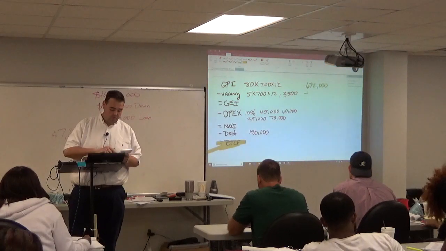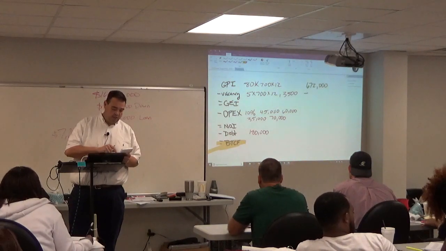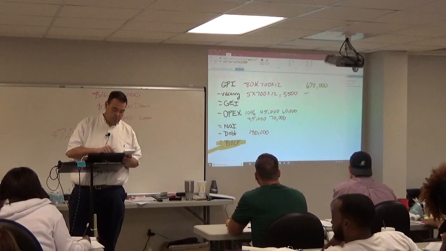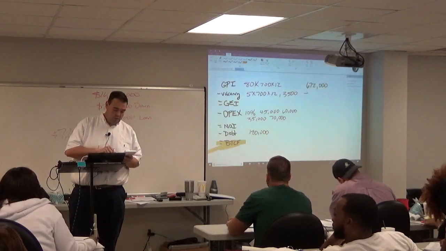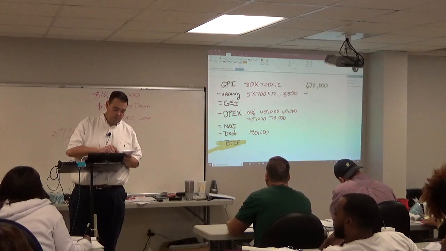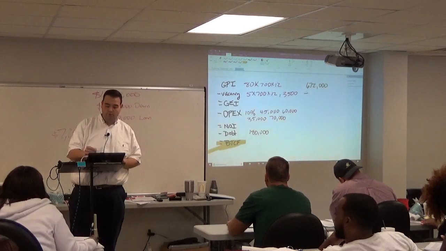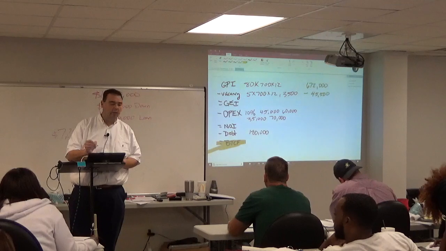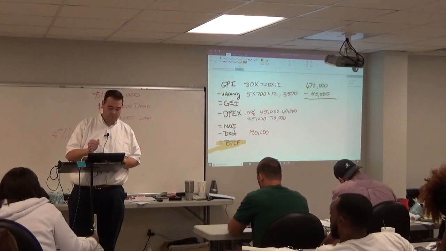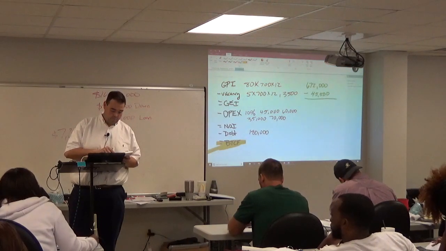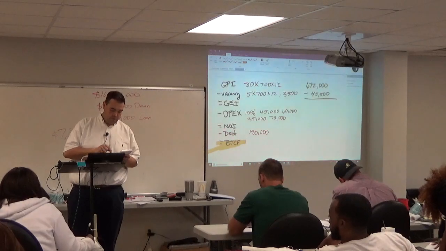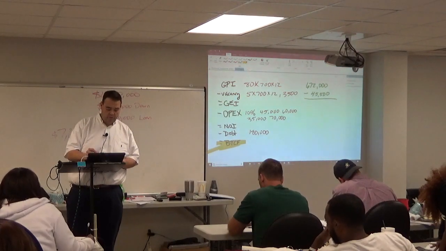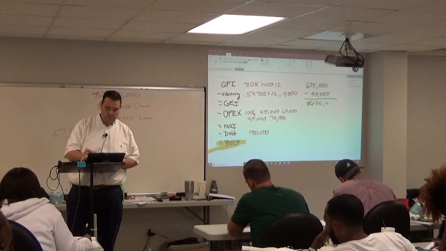So minus 5 times 700 times 12, $42,000, plus $3,500, so total vacancy of $45,500. Is everybody okay on that number? Yes. All right. And that leaves us with a gross effective income of $626,500. Good.